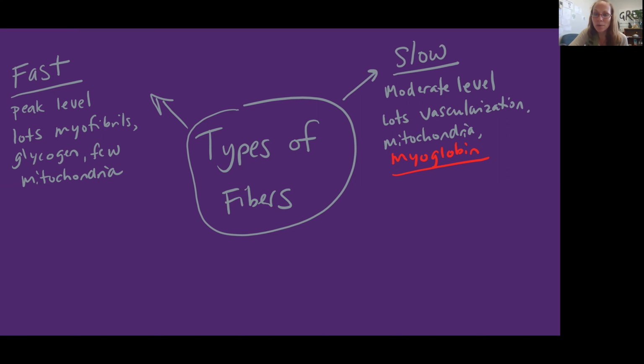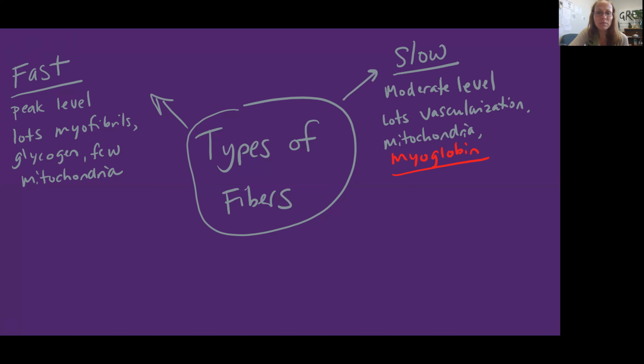They're going to be doing aerobic respiration of both fatty acids and glucose, and so they need lots of mitochondria, and they're going to have this special protein, myoglobin, which I've mentioned before. This is a protein that allows the muscle fiber to store oxygen inside the cell because these cells are doing a lot of aerobic respiration.